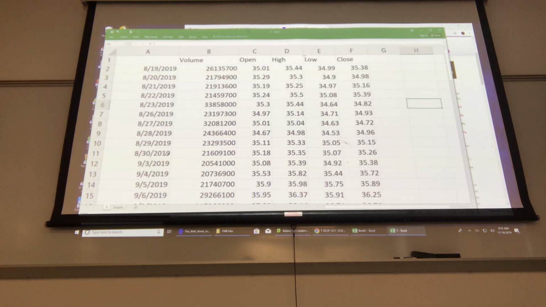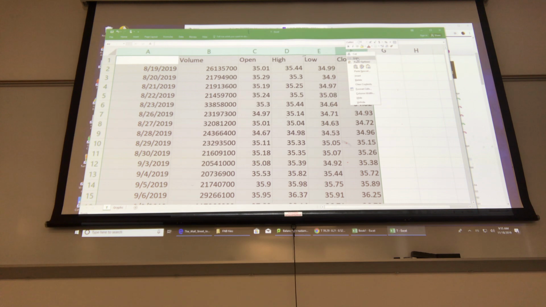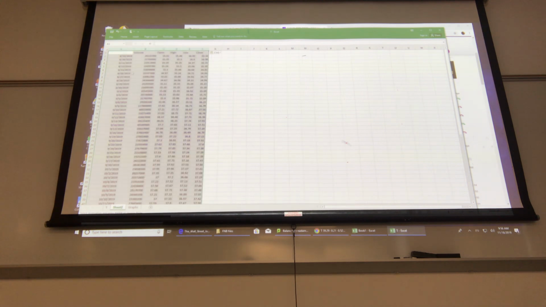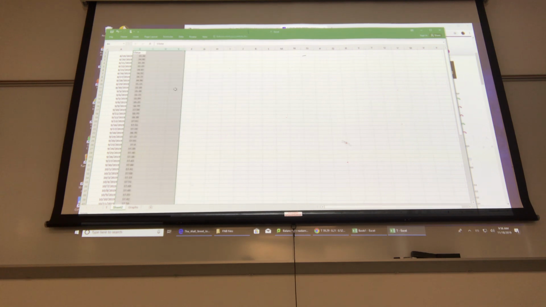I go back and I want to deal with your data. And now I want to do something else. I want to take your data, copy all that data, and paste it in another sheet and keep only the closing price. And I want to look at what's happening with AT&T at the closing price.